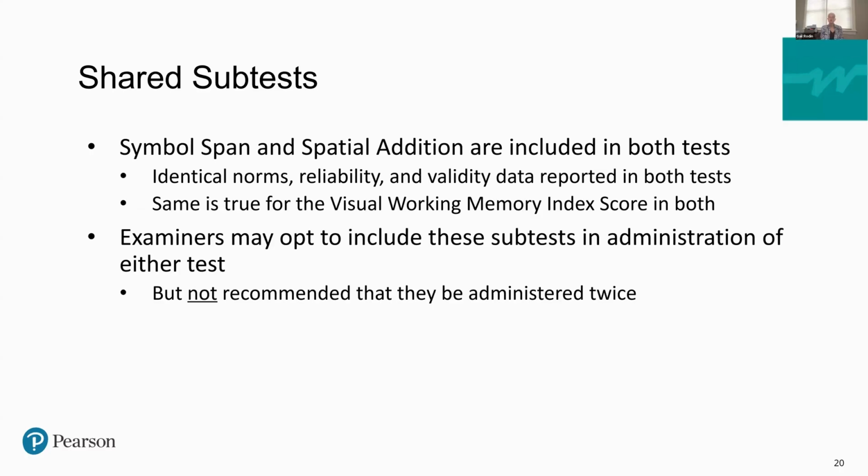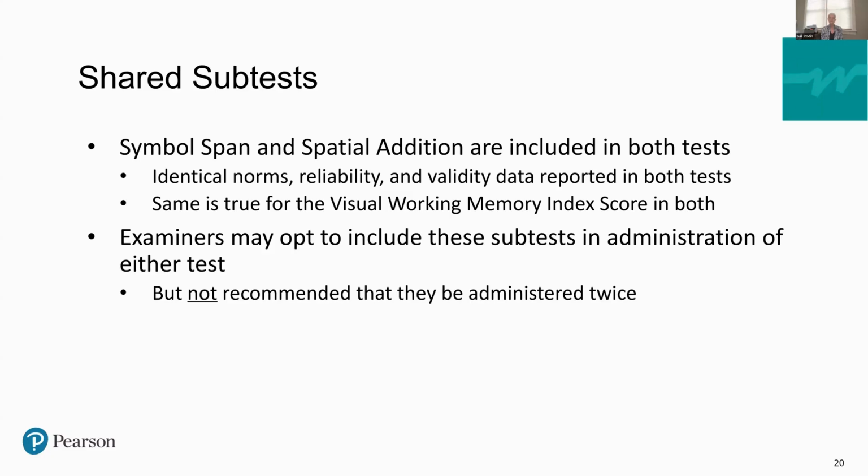You may be wondering, with 2 subtests included in both WAIS-5 and WMS-5, when should I administer them? It's entirely up to you to determine whether you prefer to administer spatial addition and symbol span as part of the WAIS-5 or the WMS-5, but it's not recommended that you administer them twice.